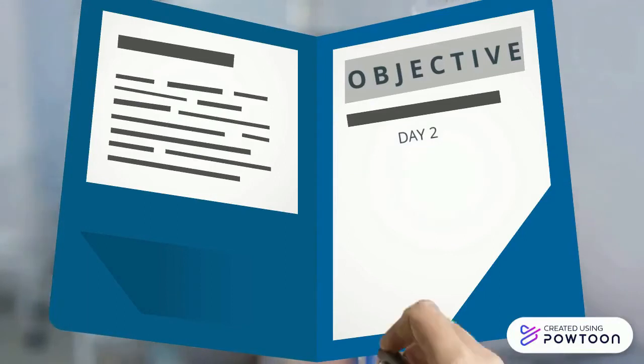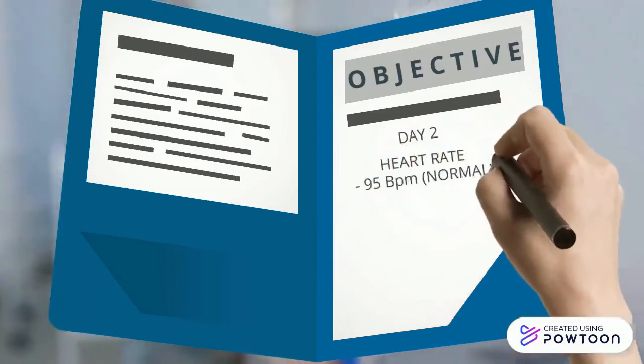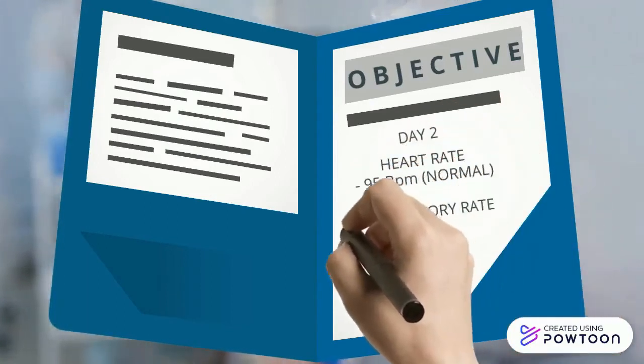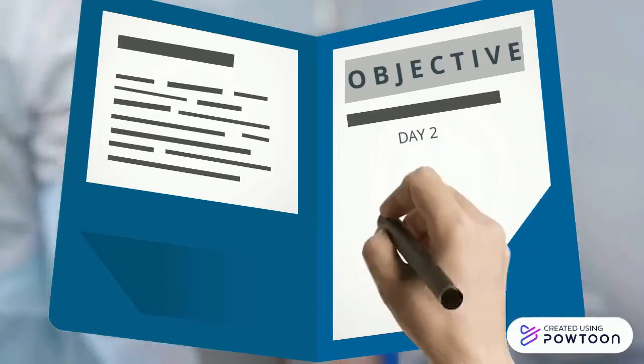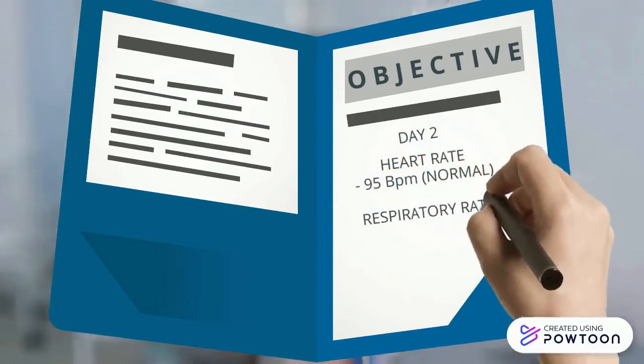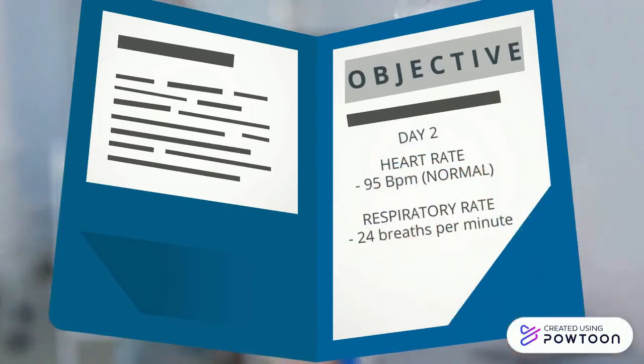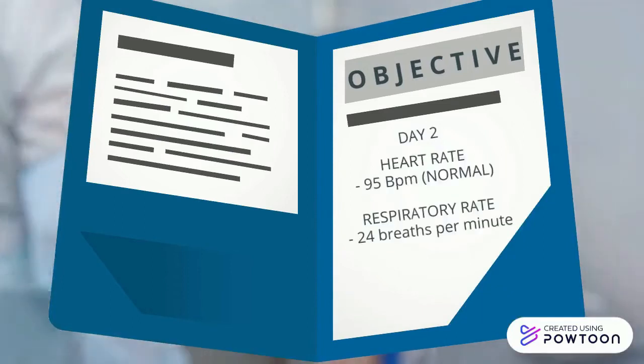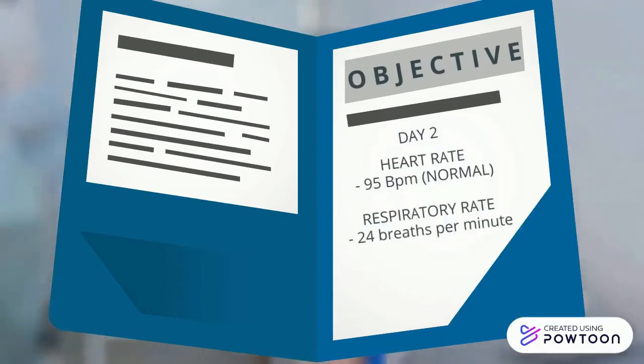The heart rate for this patient is also normal on day 2, which is 95 beats per minute. However, the respiratory rate of the patient was slightly higher than normal, showing 24 breaths per minute, as the normal range for respiratory rate is within 12 to 16 breaths per minute.